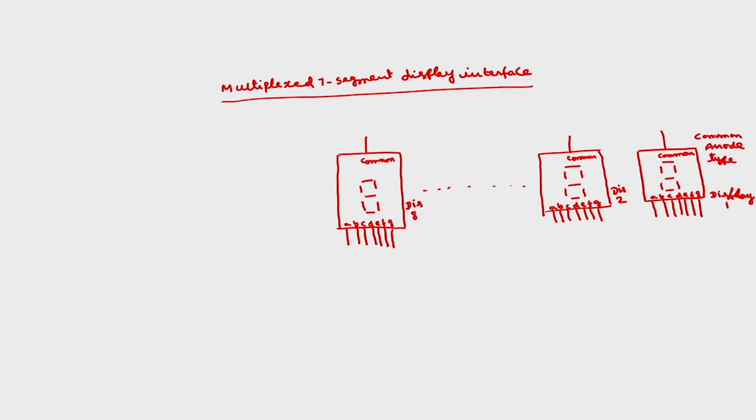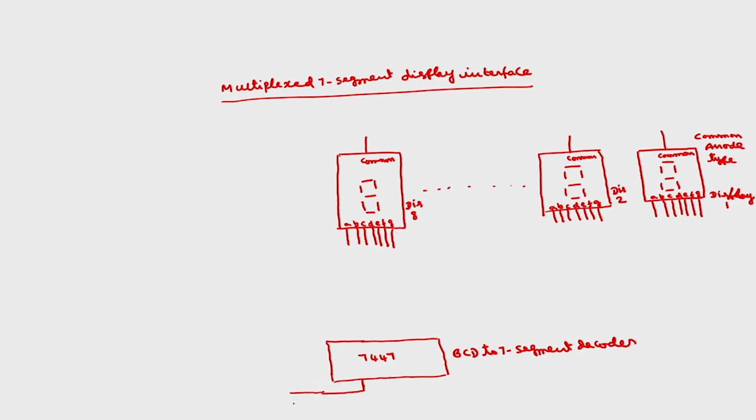So I will take one 7447, which is called a BCD to 7 segment decoder. The input BCD value will be given by the port, this is the BCD input.